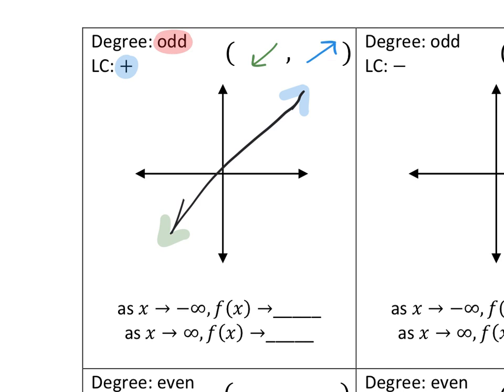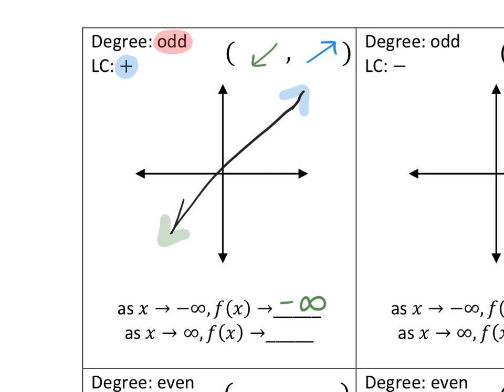Okay, now you can pick up your pencil and write it. So if we were to describe end behavior for an odd positive graph, we would say, and this is the blanks at the bottom, as x approaches negative infinity, that's the left side, f of x approaches negative infinity. Now, why did I put negative infinity for the left side? Look at the left of your graph. What's happening?